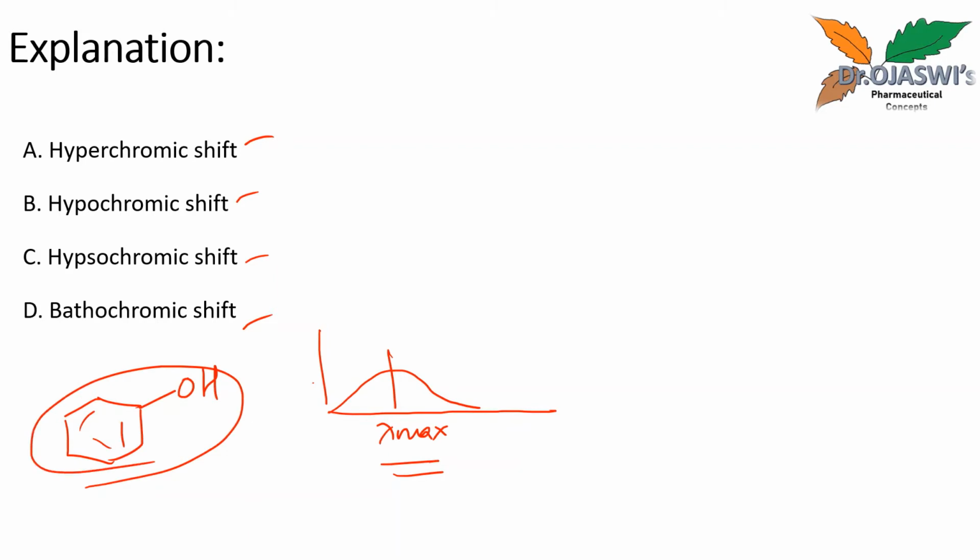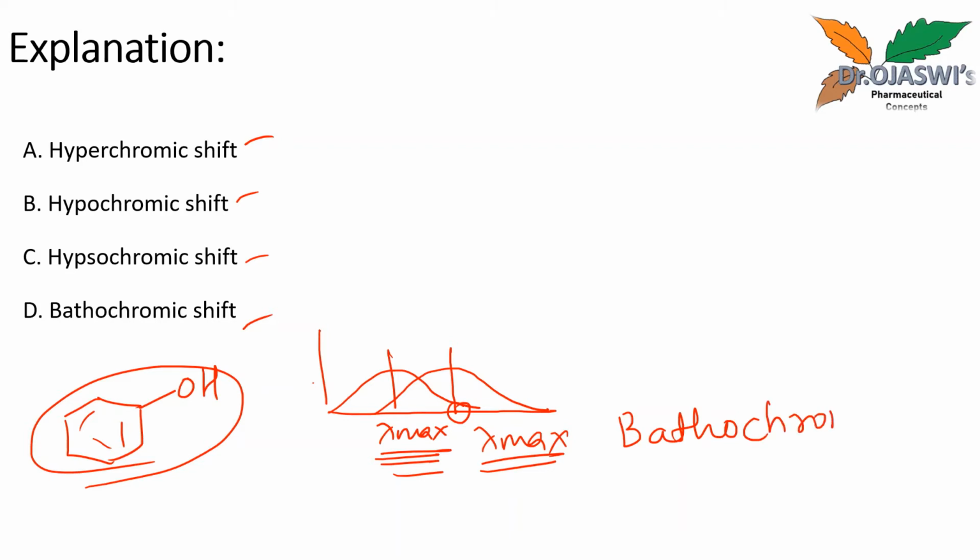So definitely the lambda max will also change, meaning its UV spectrum pattern is also changed. If its lambda max now changes to a higher value, then that is called a bathochromic shift. And who was responsible for this bathochromic shift? This particular functional group.